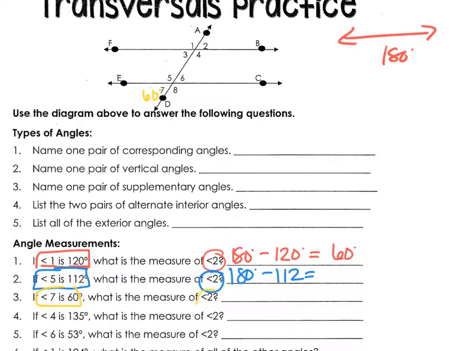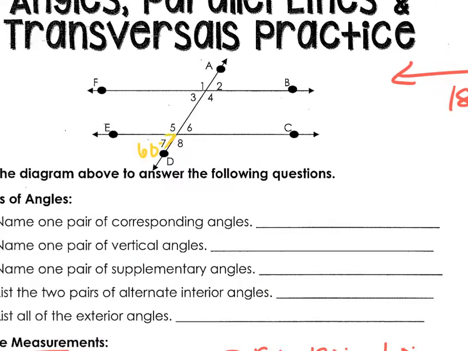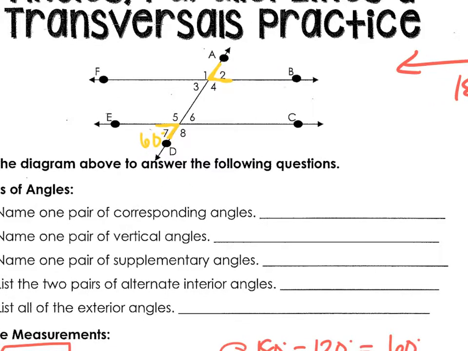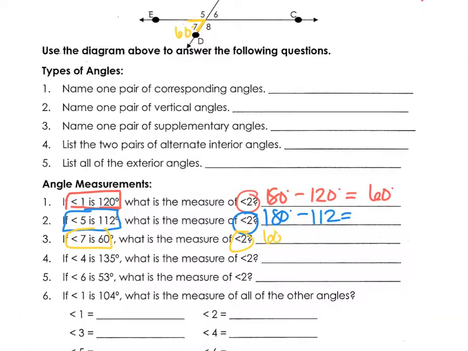What's the measure of angle 2 up here? First of all, is angle 7 acute or obtuse? It's acute. What about angle 2? It's acute. Like I said, there's only going to be two measurements. So if it's acute, just like 7, then those are going to be the same measurements.